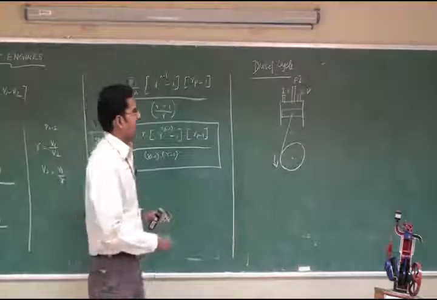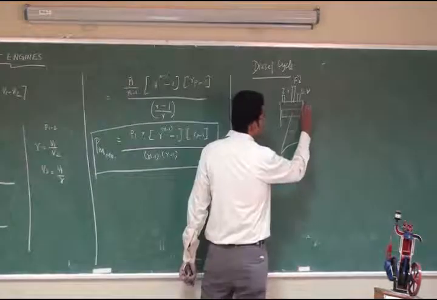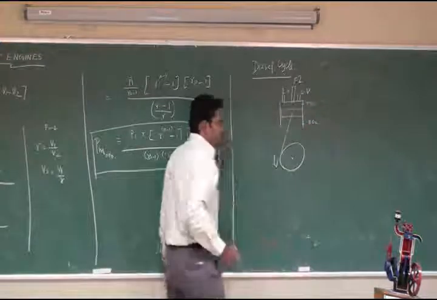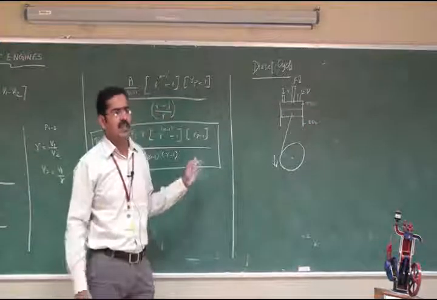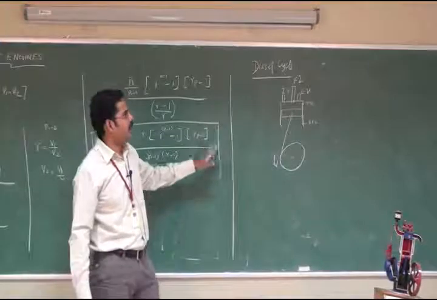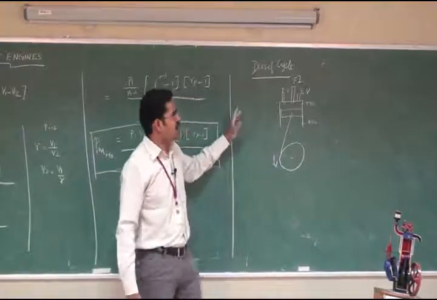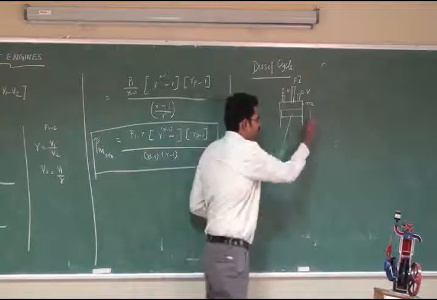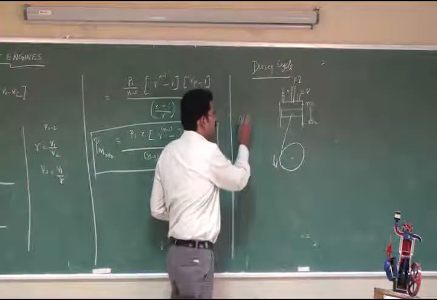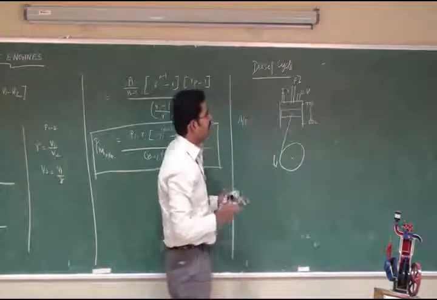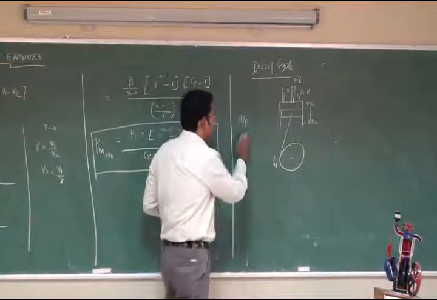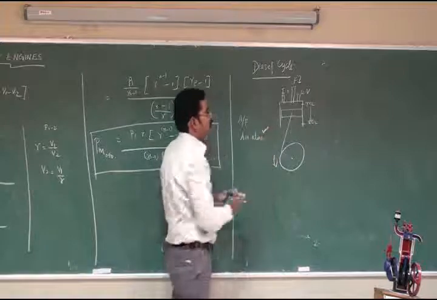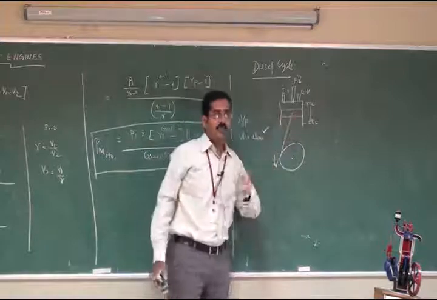First stroke, suction stroke: the piston is moving from TDC to BDC. The main difference between the Otto cycle and the diesel cycle is that in the Otto cycle, air-fuel mixture is admitted into the cylinder during suction, but here, air alone is admitted, not the fuel mixture.